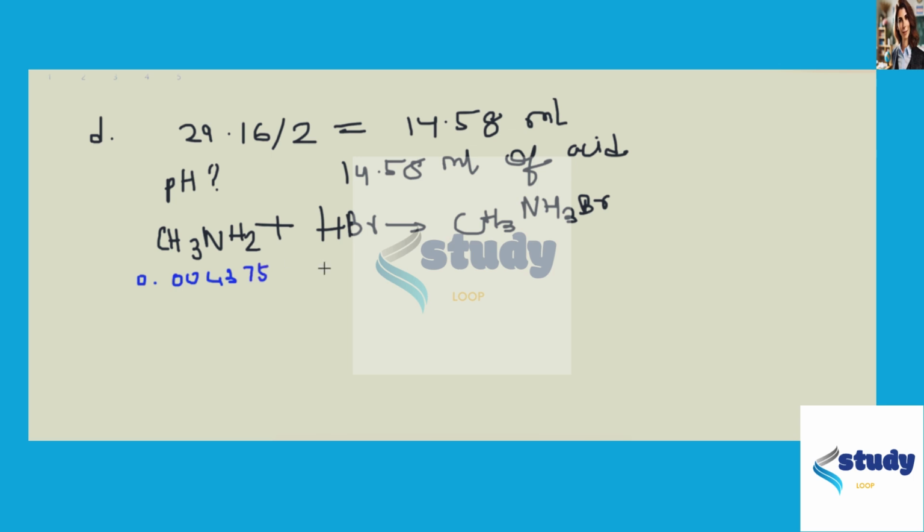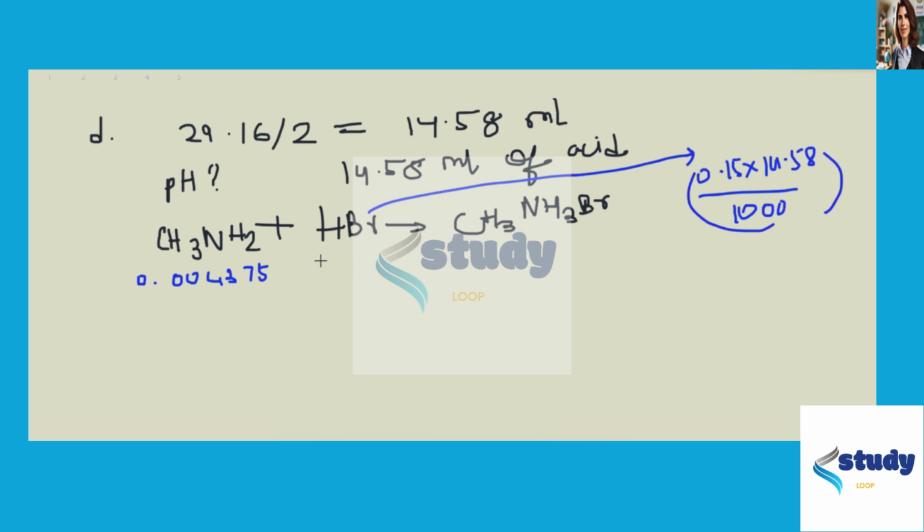HBr we need to calculate separately because in the previous case you added 5 milliliter, but in this case you added 14.58. So on the side, remember what I'm doing here is 0.15 into 14.58 divided by 1,000. That value comes out to be 0.002188 and it starts with 0.